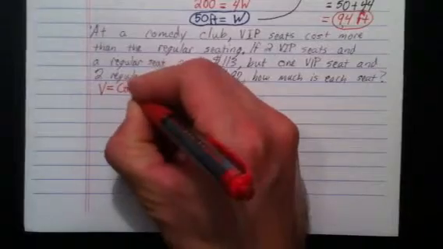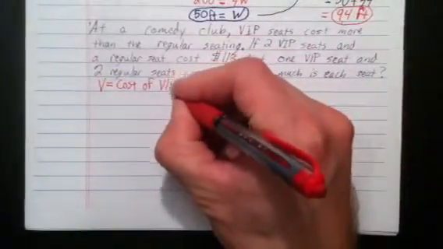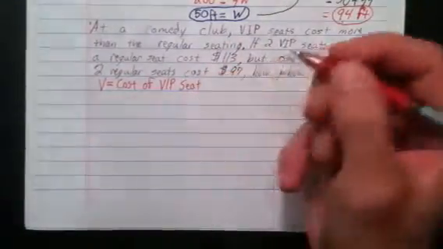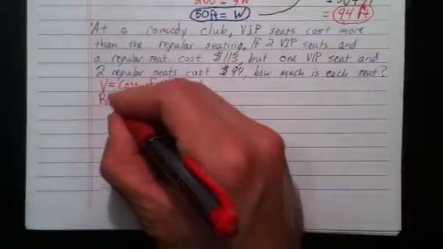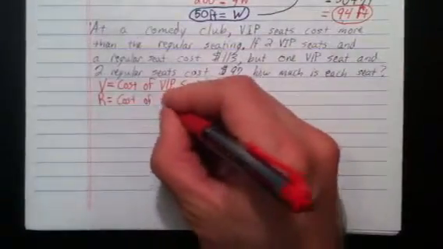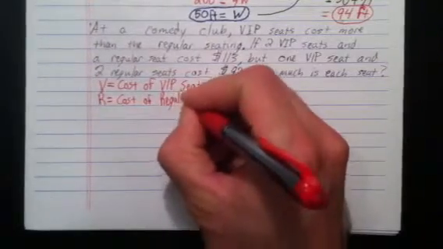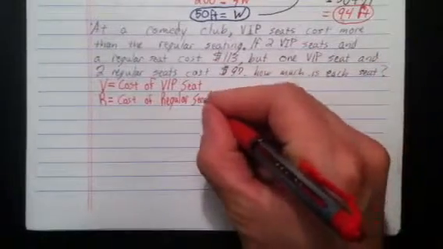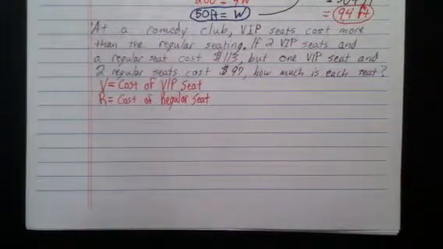That's going to represent the cost of a VIP seat. And then we can use R to represent the cost of a regular seat.